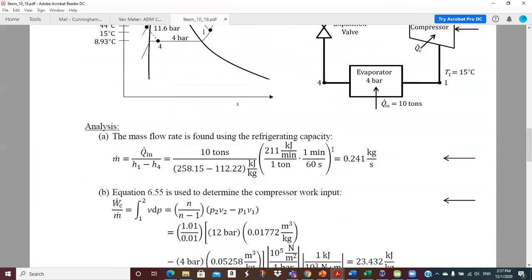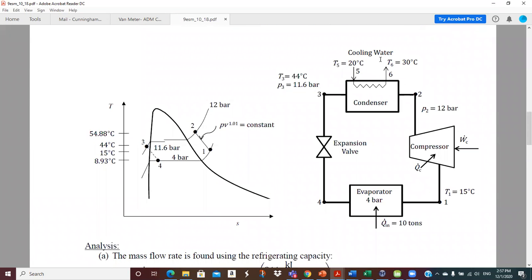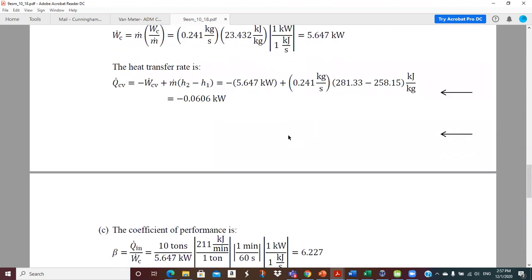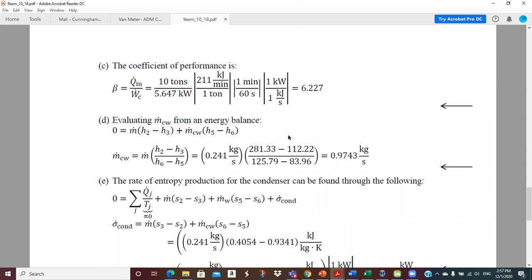And then this is asking for the rate of the cooling water flow. We've got the stream at 2 is hot, at 3 is cold, and all that decrease in energy is going into the cooling water. So we can just do an energy balance around the condenser. This is the mass flow rate of the refrigerant times the enthalpy difference, coming in hot at 2 and going out cool at 3.